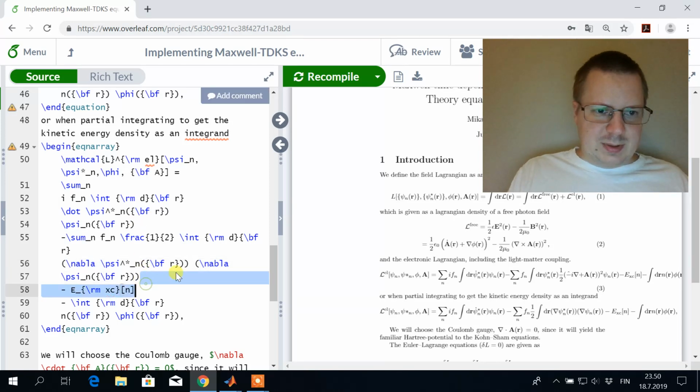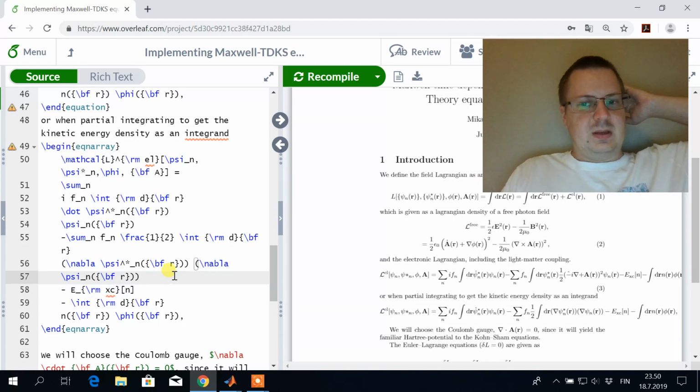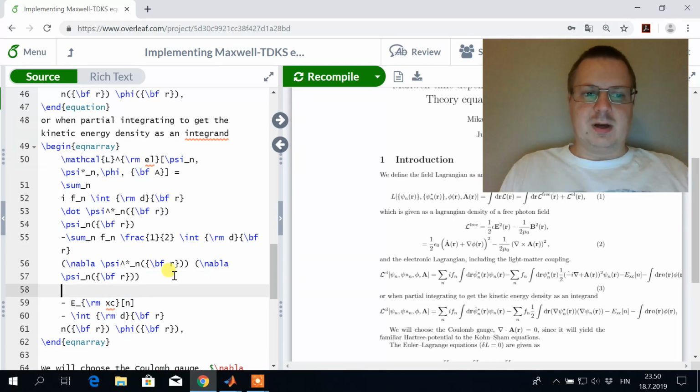So that's that, but now we have neglected, we have forgotten the other coupling terms.